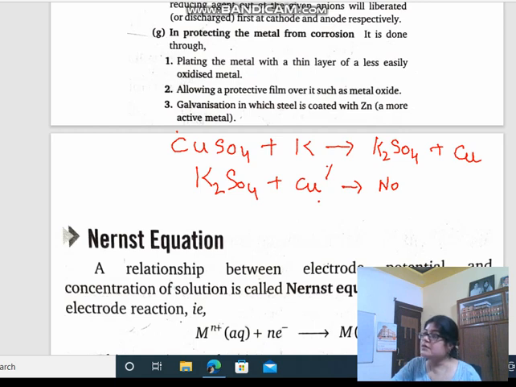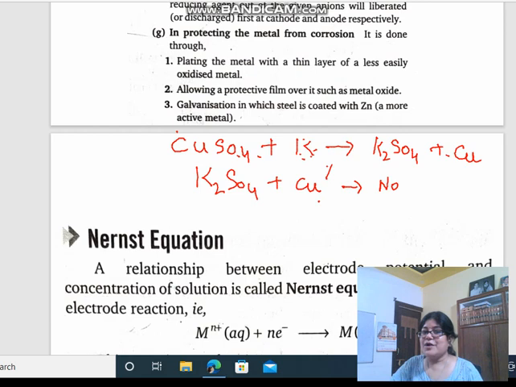Clear or not? We have a compound and a metal came over here which is more reactive. For example, you have a friendship with someone. A person came who is very jolly, very impressive. Your friend gets attracted to him and your friendship will break.